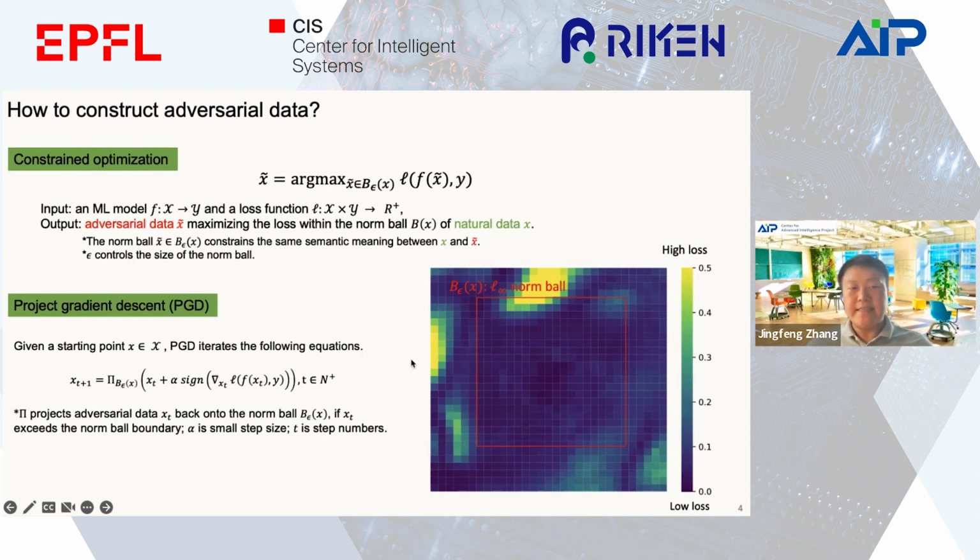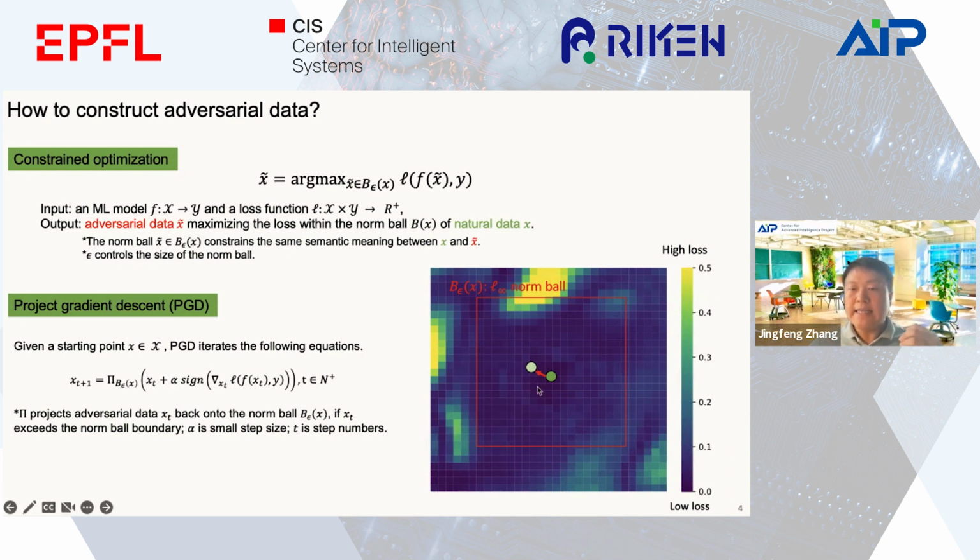Projected gradient descent, PGD, approximately solves this constrained optimization problem. Given a starting point, PGD calculates the gradient of the loss function with respect to the input. Gradient is a direction pointing to a place with a slightly larger loss.